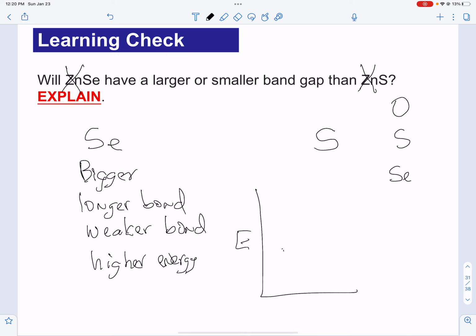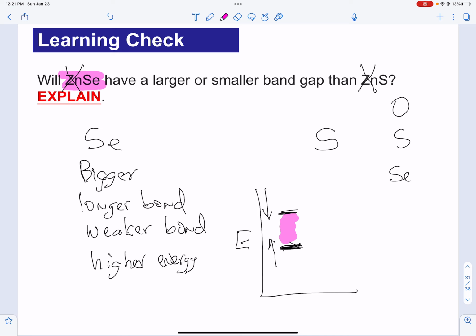The higher the energy of the bonding, the lower the antibonding. So this one goes higher in energy, which means it's going to have the smaller band gap. So this one will be the one with the smaller band gap because the element accompanying zinc is selenium.